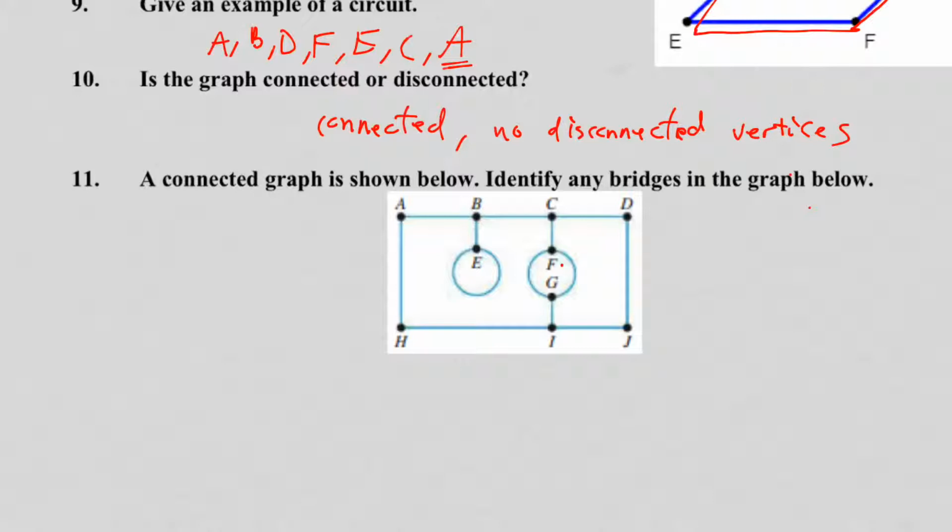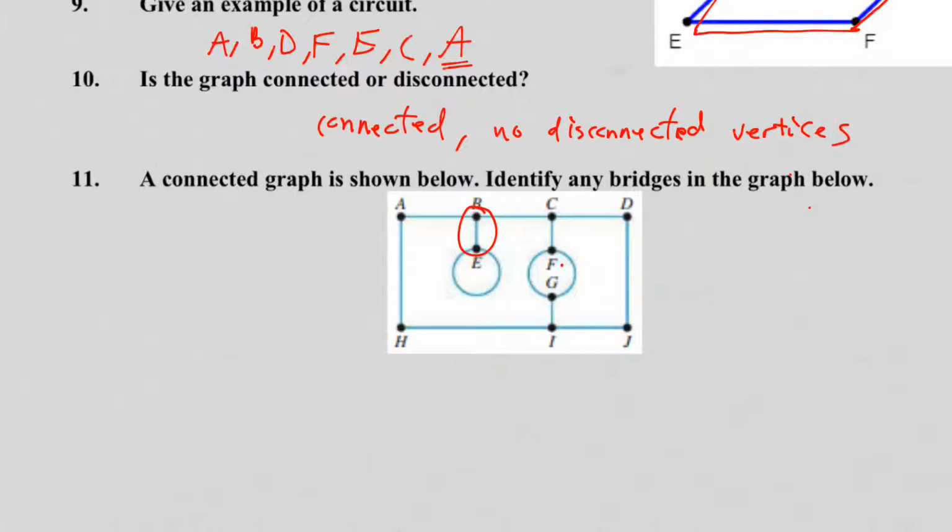B to E. Okay, why is that? Because if you remove it, then you wouldn't get to the E. Yeah. So it's like an island over there, right? So if you take that thing out, you're gonna have to go swimming, okay? So this is a bridge right there.